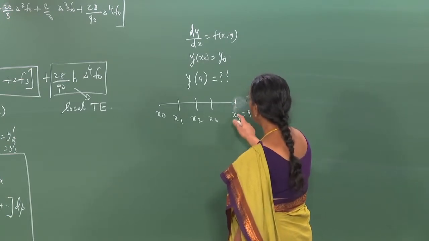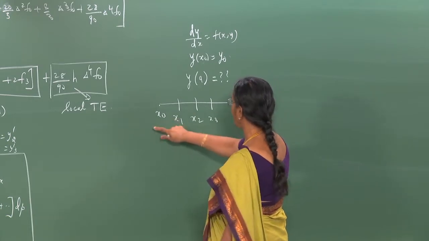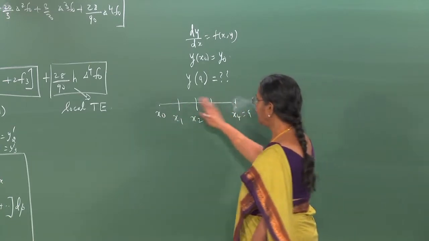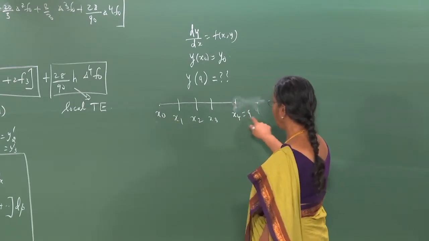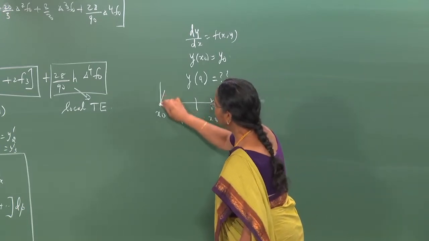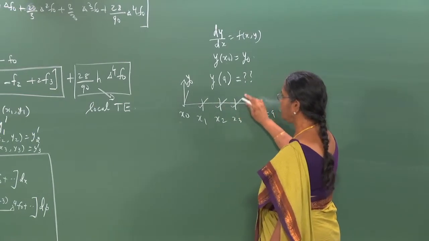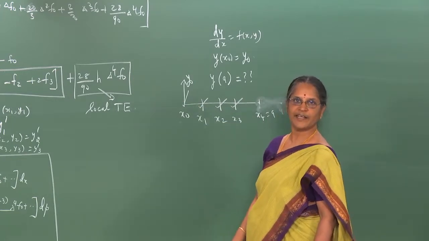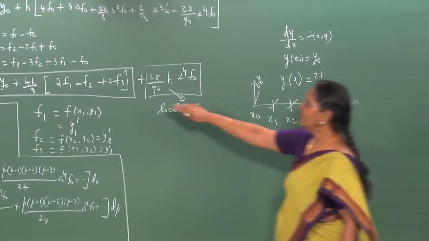So, divide the interval of width a minus x naught into 4 equal parts by means of points x naught, x1, x2, x3 and x4, which is a. Information at x naught is given by the initial condition. At these 3 points you require the information if you want to make use of Milne's method, namely the predictor method or the multi-step method that we have derived here.